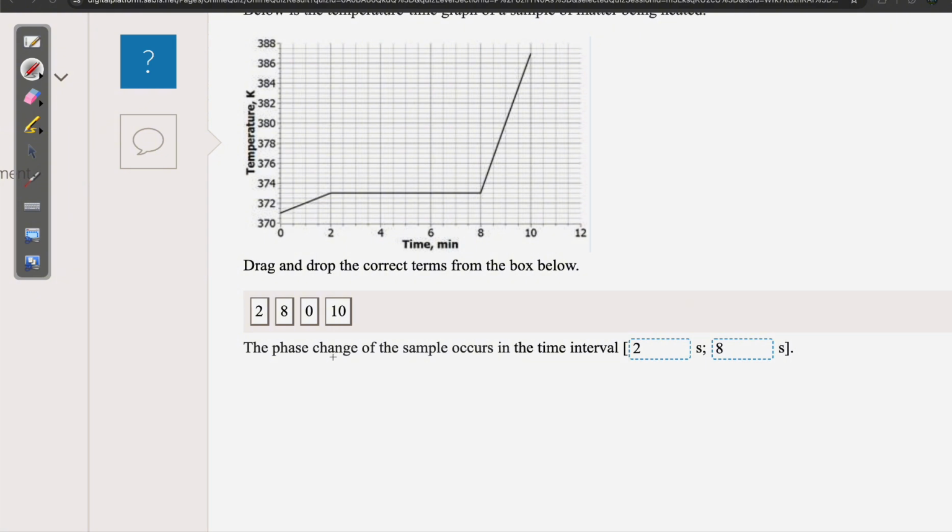When a phase change happens, that means in the graph it's gonna be horizontal. It's gonna be the horizontal part. That's when the phase change happens, and that's between 2 and 8.